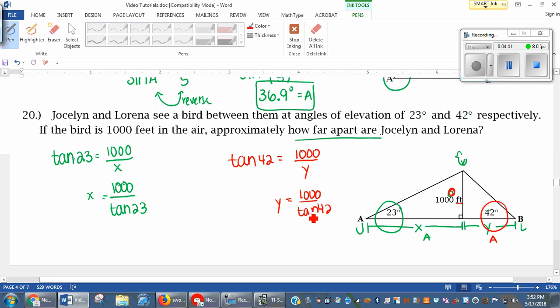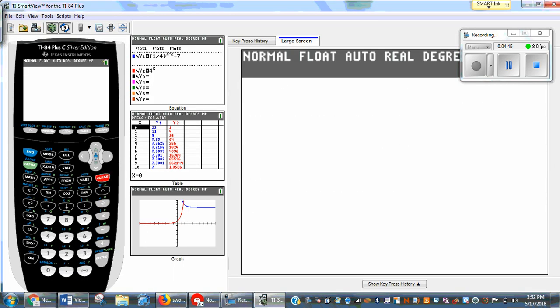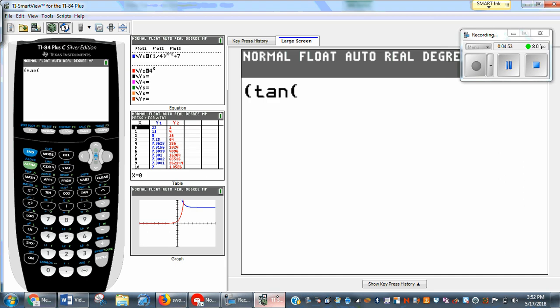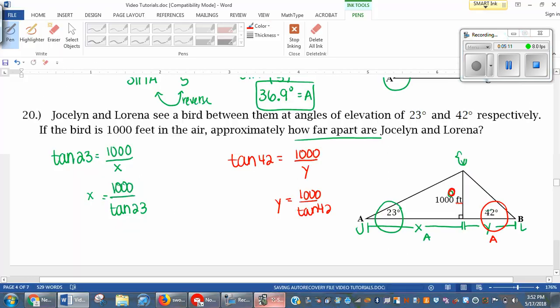Okay, so once you figure out these, you're just going to add those pieces together, and if you want, you really could type it in all at once. We said the tangent, 1,000 divided by the tangent of 23, plus 1,000 divided by the tangent of 42.